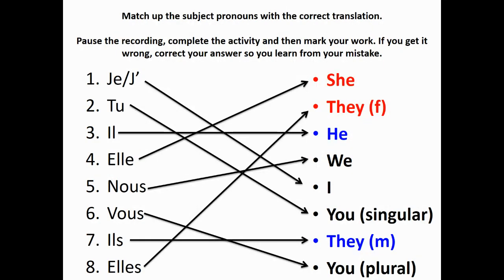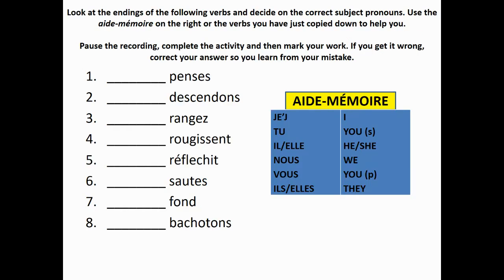This is something you shouldn't have any trouble with, but where you are having trouble, go ahead and practice this again. All right. So again, we're going to do this right now. We're going to go through this kind of quickly, and we're going to put the subject pronoun that belongs in these 8 sentences. And we're going to know which one by the endings. So if you've memorized that ES ending, you know that that is tu.